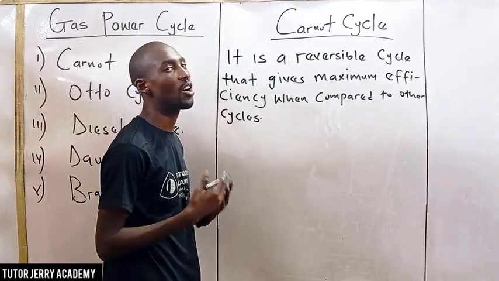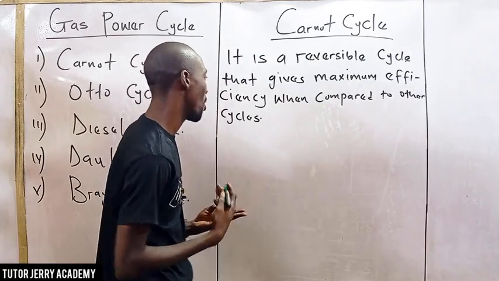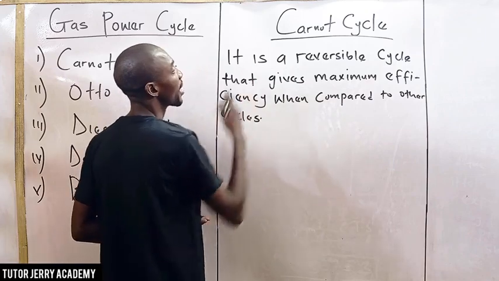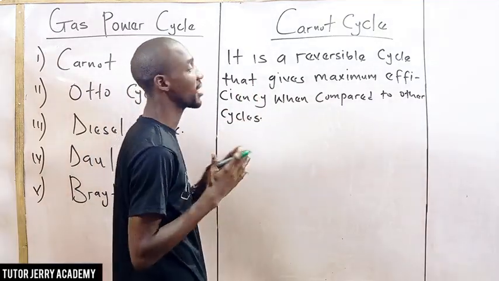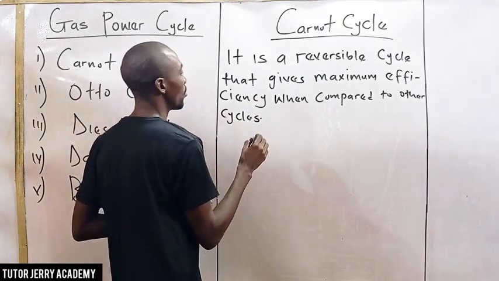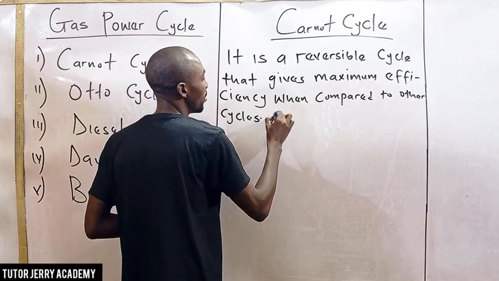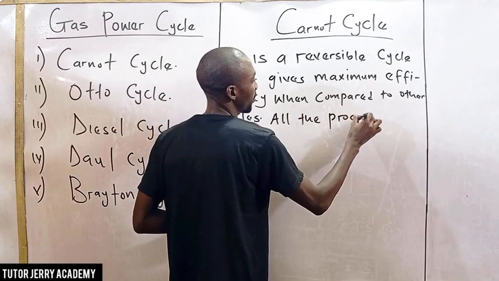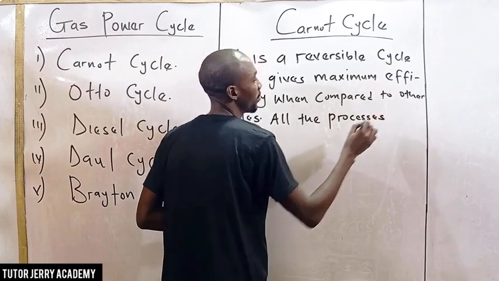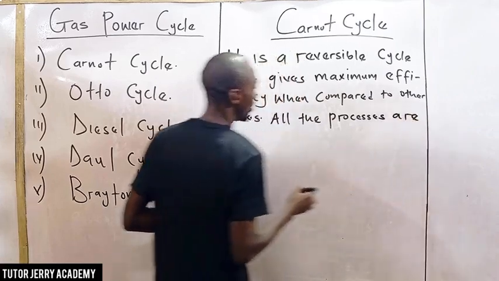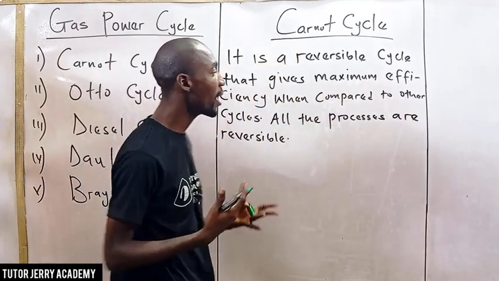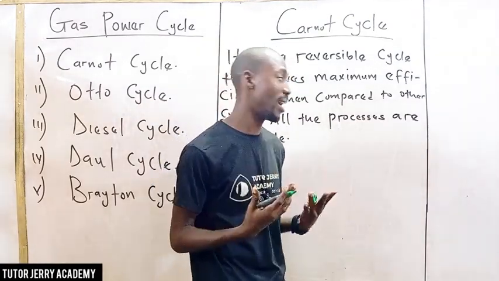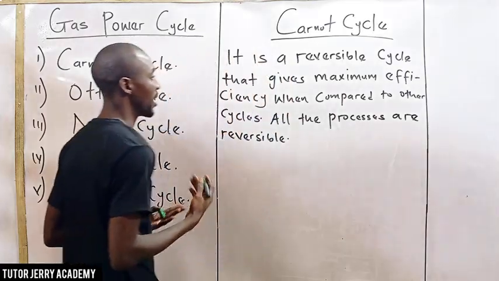That is the definition of a Carnot cycle. All the processes in this Carnot cycle are reversible, and we have four basic processes in a Carnot cycle.